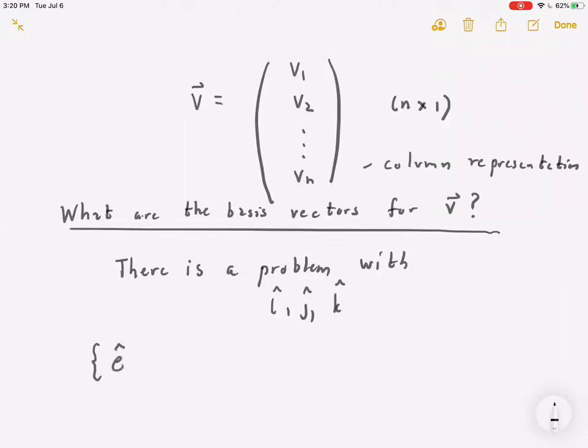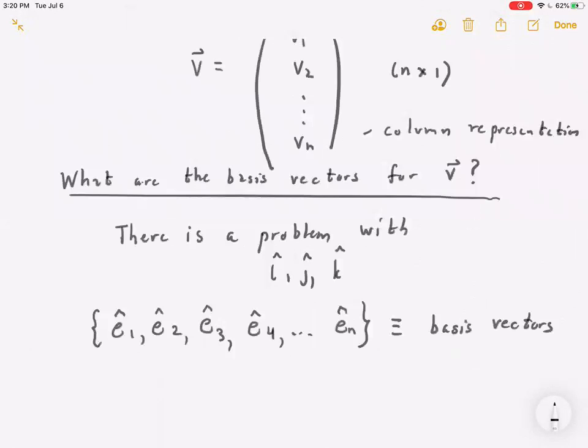So this is why I used that notation before: e hat sub 1, e hat sub 2, e hat sub 3, e hat sub 4, for basis vectors, because this gives me the freedom of going beyond the letters in the alphabet. And these are the basis vectors which span or generate my vector v.